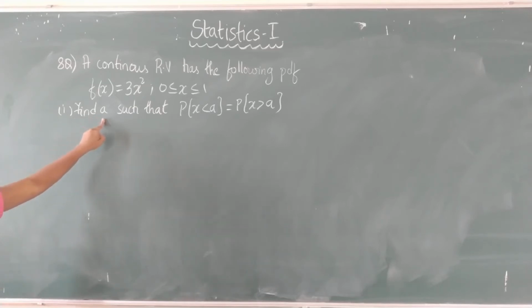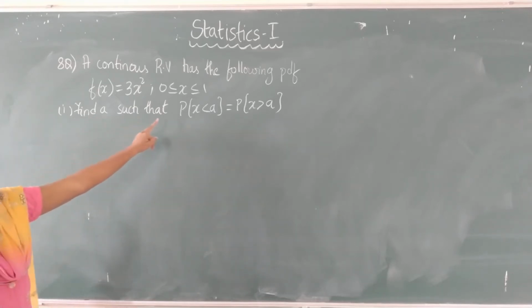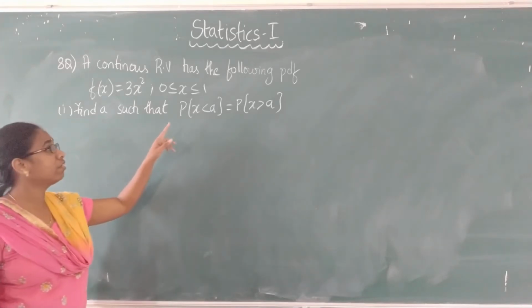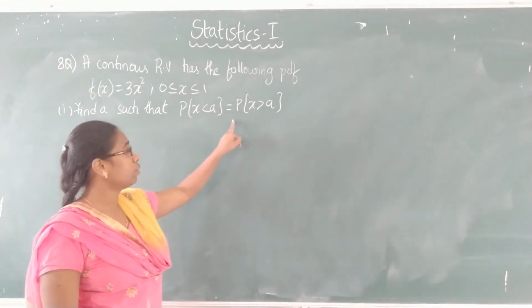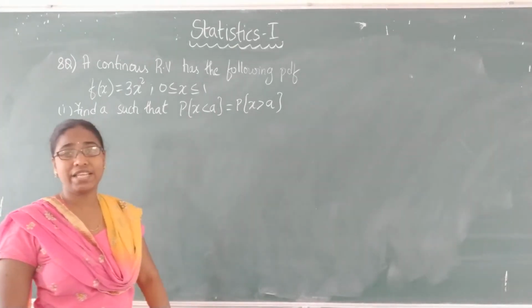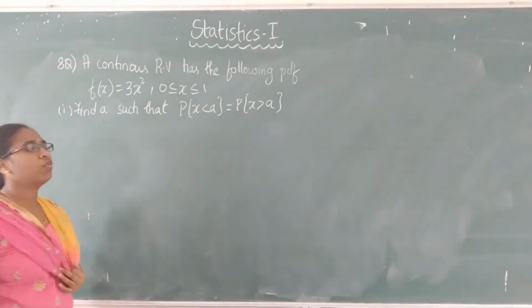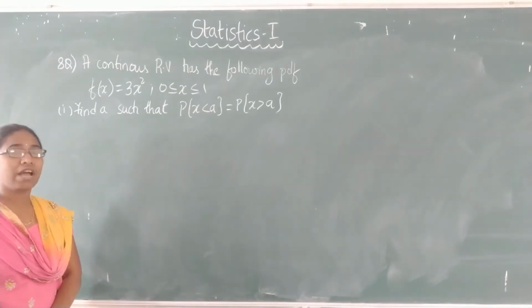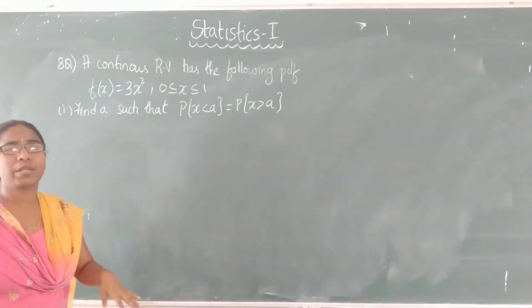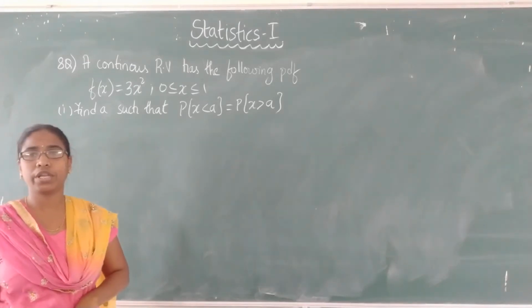We have to find the value of a such that P of x less than a is equal to P of x greater than a. While writing the formulas in our starting classes, I gave some formulas to find the mean, variance, median, harmonic mean, all that.